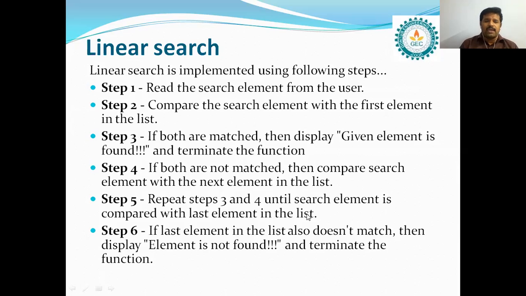In the similar way, we can repeat this process. That means the search element is compared with all the elements till the last element in the list. If the last element in the list also does not match, then display that the element is not found and terminate the process.